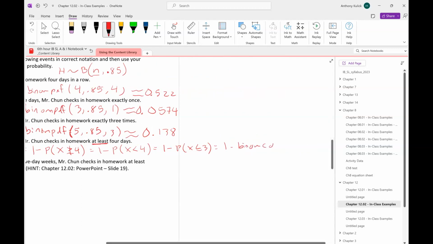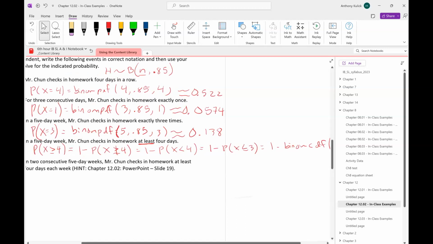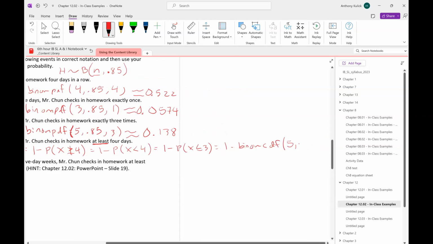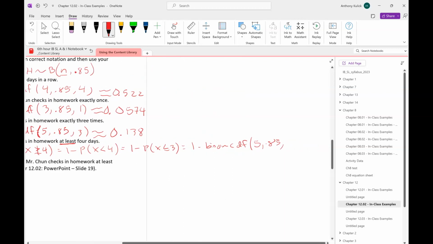As you had said before, the number of trials is? It was at least 4 days. Well, it's a 5-day week. Yeah, yep, 5-day week. And then 0.85. Oh, X is 3. Yes.